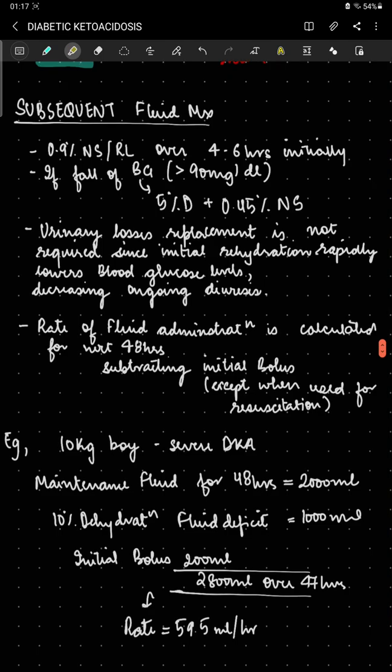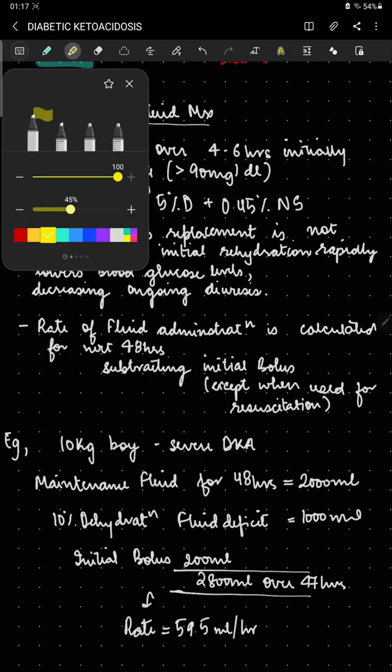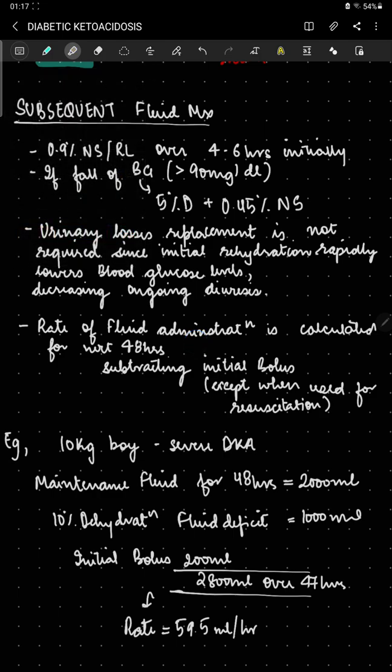For subsequent fluid management, you have to give fluid therapy. It is very important, and this fluid therapy should be repeated again and again, initially over 4 to 6 hours.